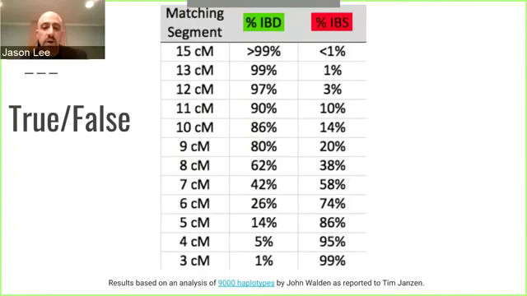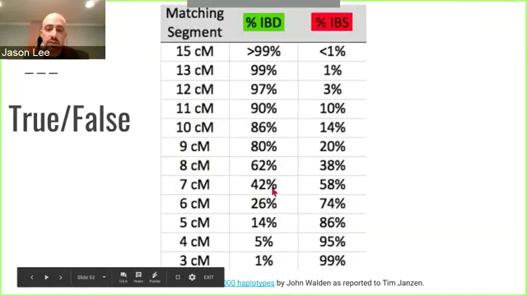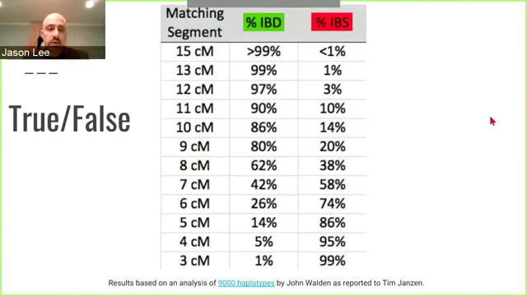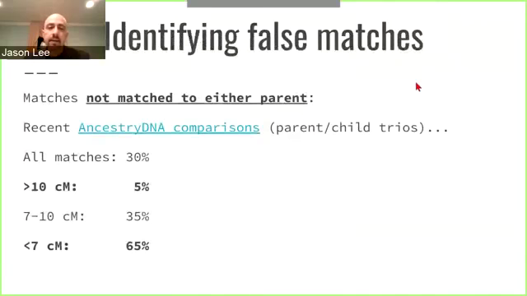So with 10 centimorgans, you might say that about 86% are good and about 14% are bad. If you go all the way down to 7 centimorgans, you'll see that most of the matches are not so good. So I certainly don't expect anybody to remember all of these numbers, but the general trend is very important. Small centimorgan matches are very problematic, and you get a lot of bad matches as you go down to the bottom of the pile.